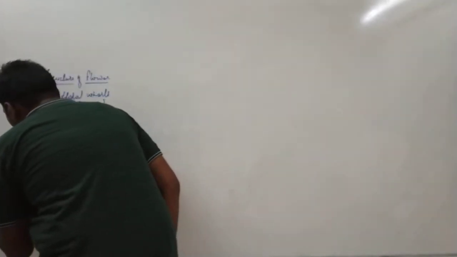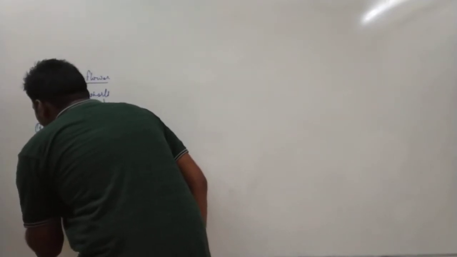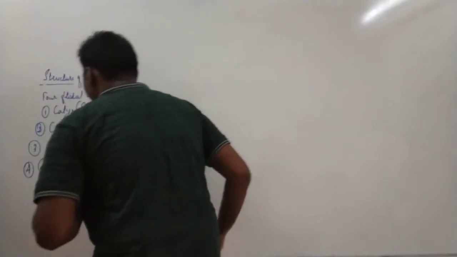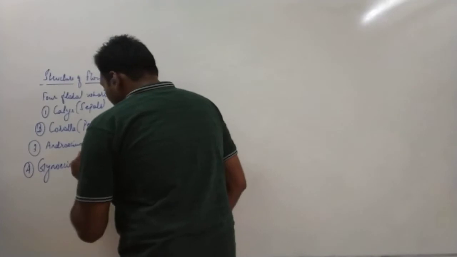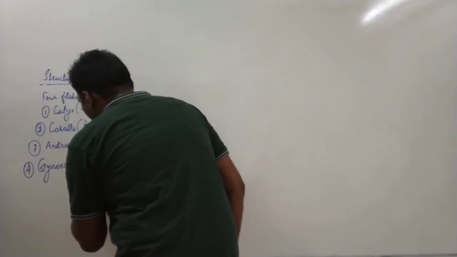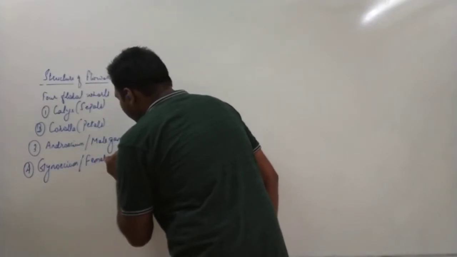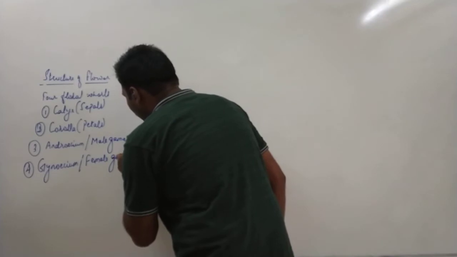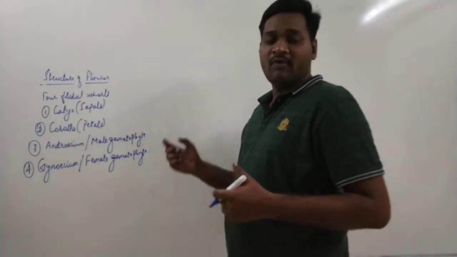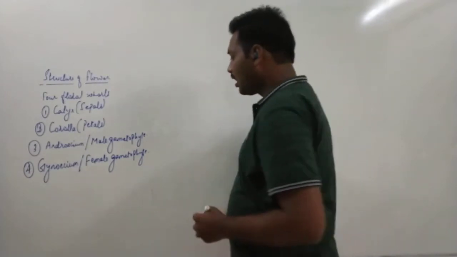Then fourth, the gynoecium. The gynoecium is again referred to as the female gametophyte, or the female sex organ, or also the carpel.